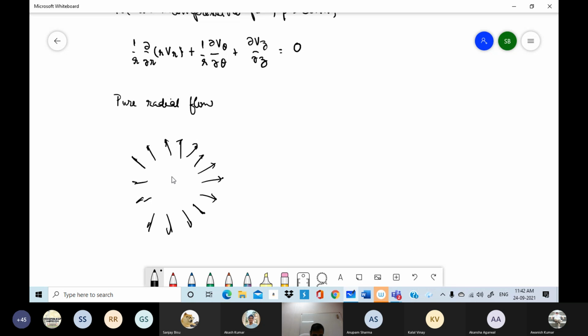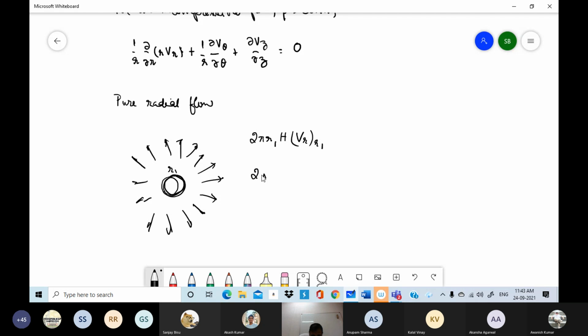In that case, if I consider a radius r1, the outflow through this cylindrical area would be two pi r1 into whatever the length in the z direction. So this is the area through which the flow is occurring, into Vr at r1.